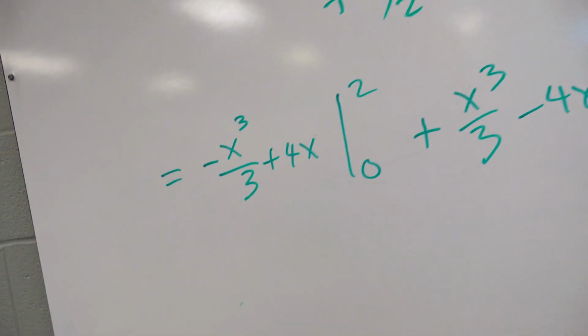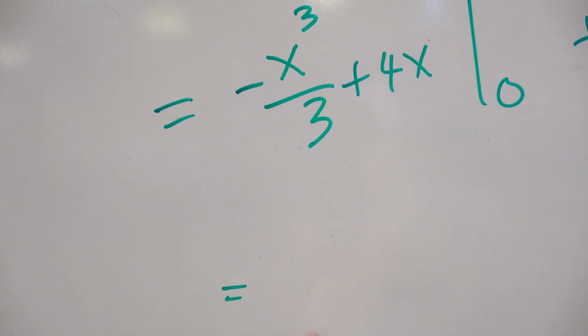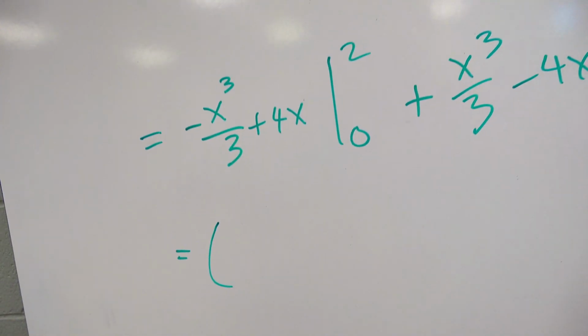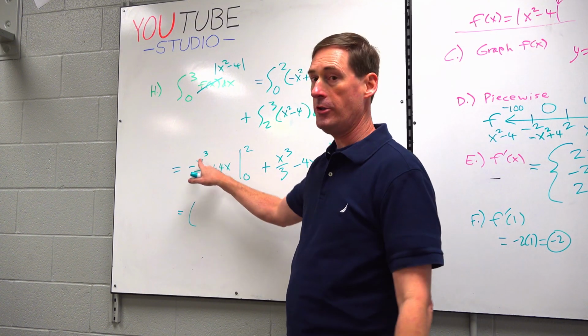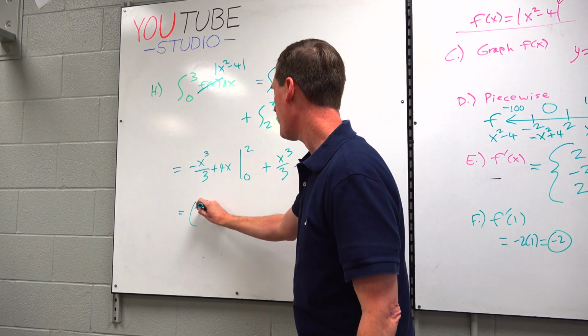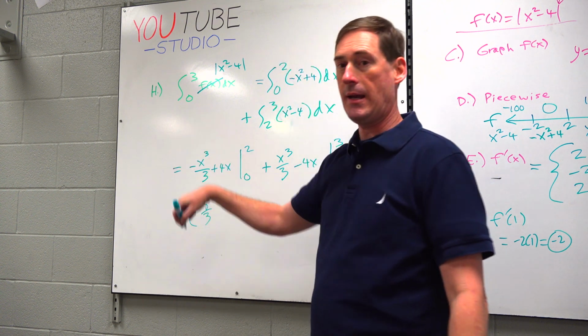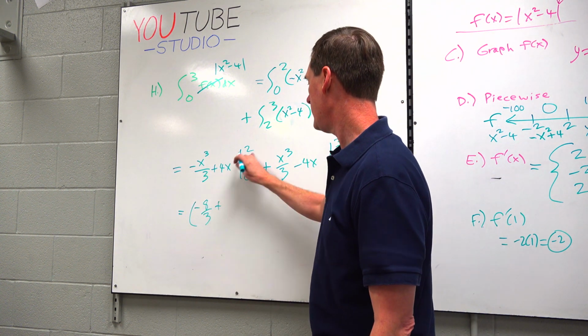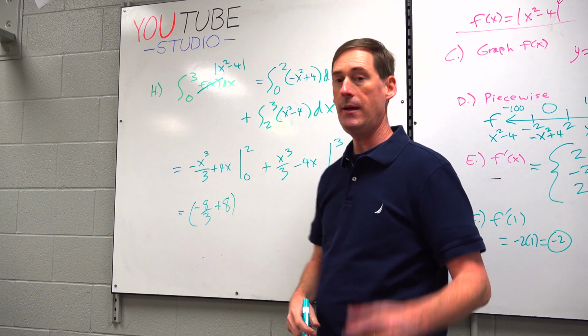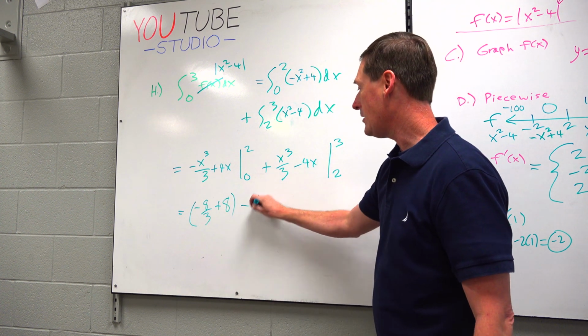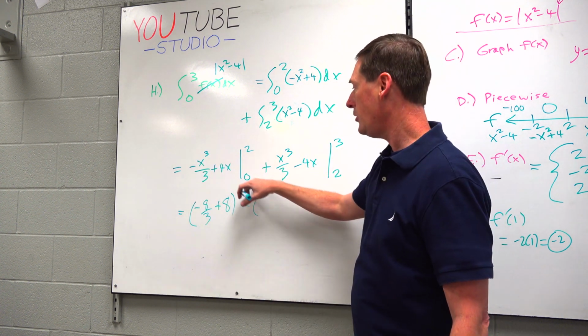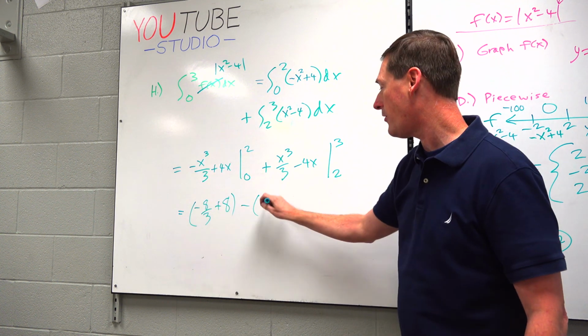All right. Now, this isn't hard, but there are fractions, there are negatives. Keep your head on straight here, okay? So plug in 2 first. 2 cubed is 8, then throw the negative on it. Negative 8 thirds. Plus 2 times 4 is 8. Okay, that's the top number. Minus bottom number. 0 cubed and 0 times 4, the whole thing's just 0.